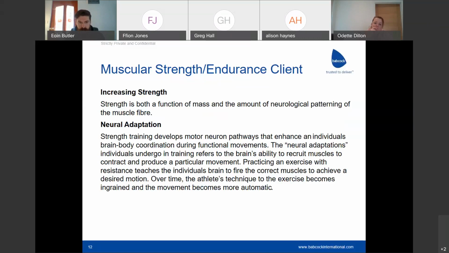The neural adaptations individuals undergo in training refers to the brain's ability to recruit muscles to contract and produce a particular movement. Practicing an exercise with resistance teaches the individual's brain to fire the correct muscles to achieve a desired motion. Over time, the athlete's technique to the exercise becomes ingrained and the movement becomes more automatic.